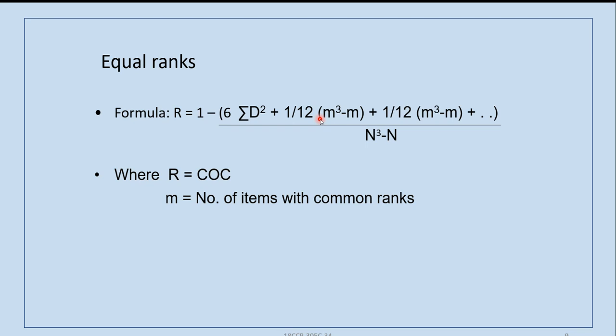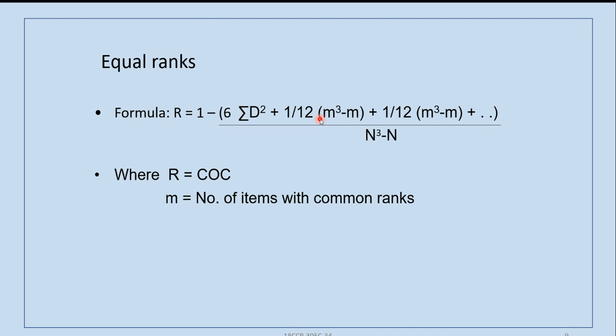Suppose we have 2 people repeating their ranks, that is 5th and 6th. Then m is equal to 2. If 3 ranks are repeated, then m is equal to 3. Like this we have to take.